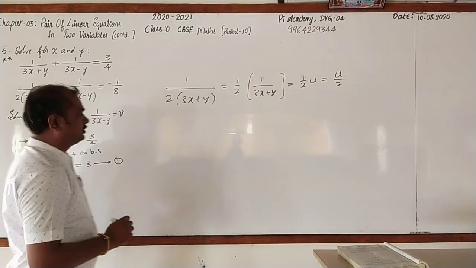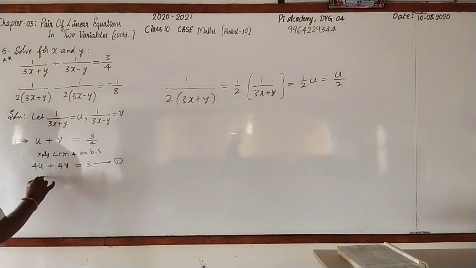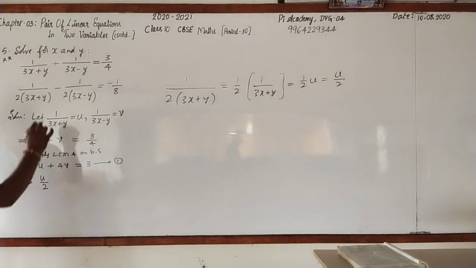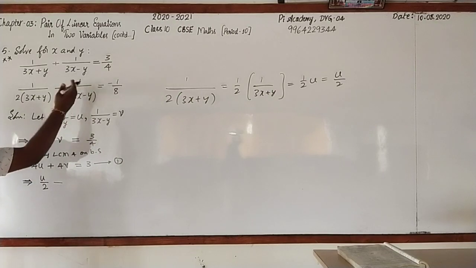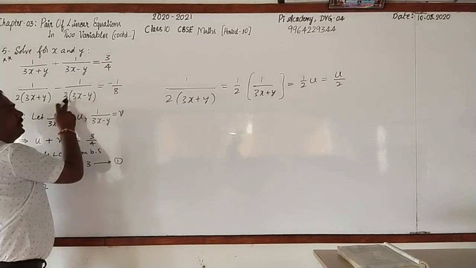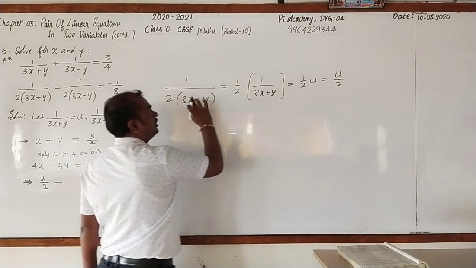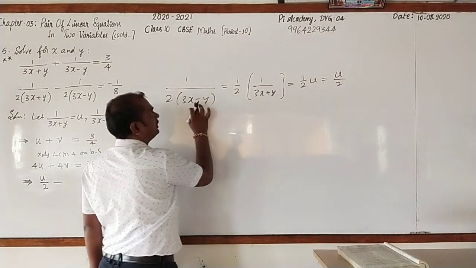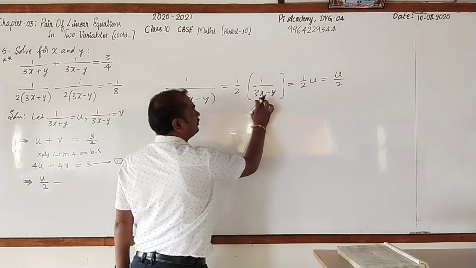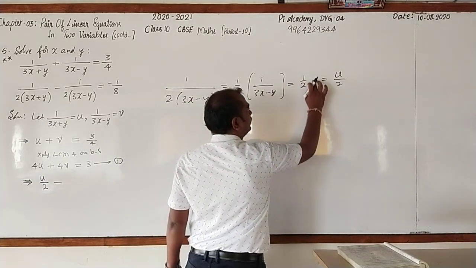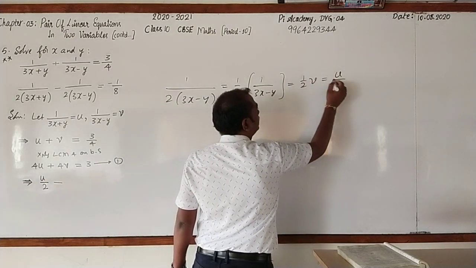Hope that you have understood. Here I will write u by 2. Then how do you write the second one? This is also the same. But here 1 by 2 into 3x minus y is there. 1 by 2 is common, 1 by 3x minus y, where 1 by 3x minus y is v. This will be 1 by 2 into v.